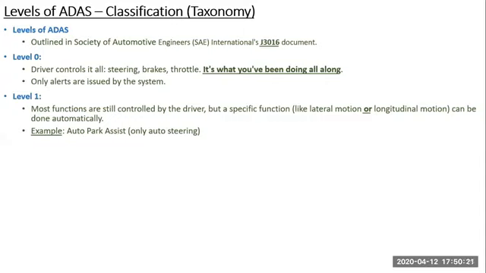Now there was only automatic steering. So you are entering a parking lot, and the moment you enter, you keep your hands off the steering, and the vehicle goes straight into the parking lot, right?